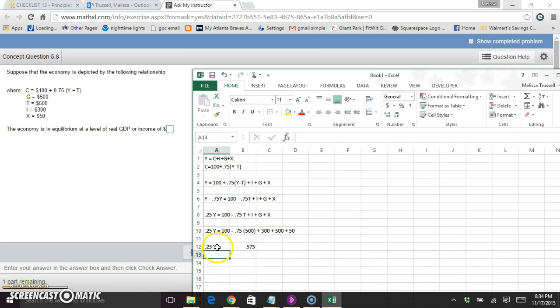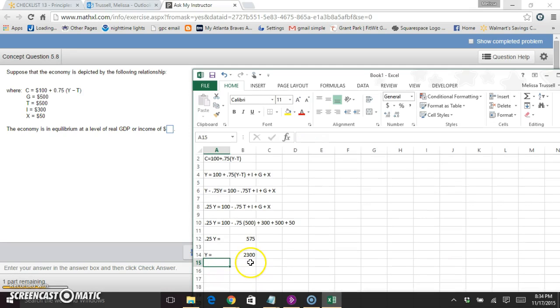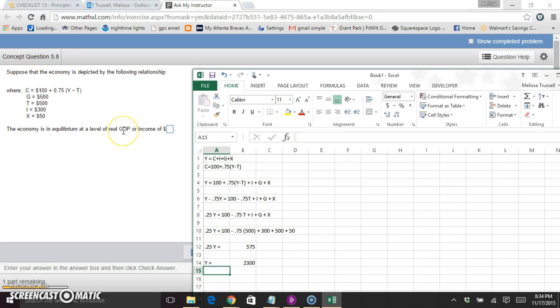So now what I have left to do is divide by 0.25 on both sides, and then I'll be left with my Y. So Y equals, I can get Excel to do this, 575 divided by 0.25. And Y is 2,300. So that is our equilibrium level of GDP for this economy.